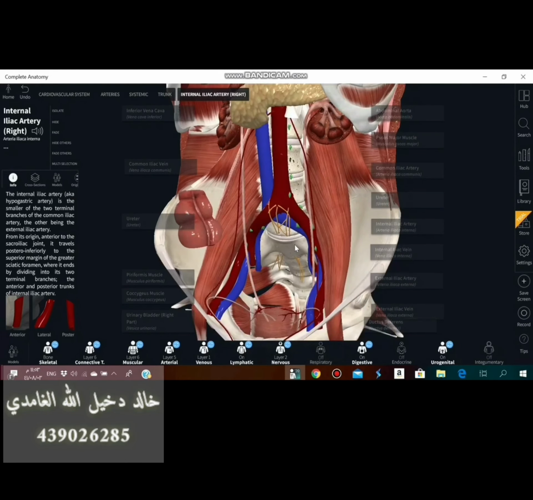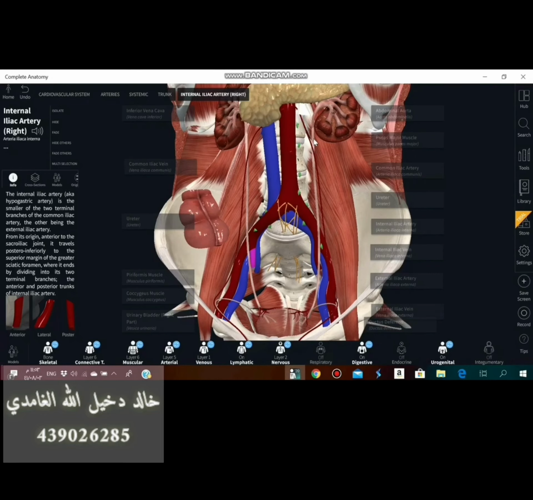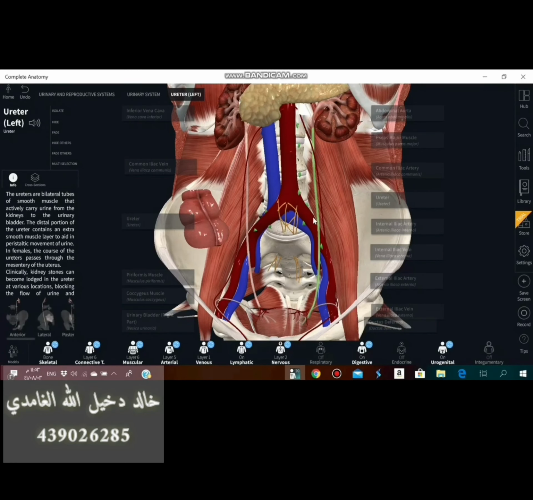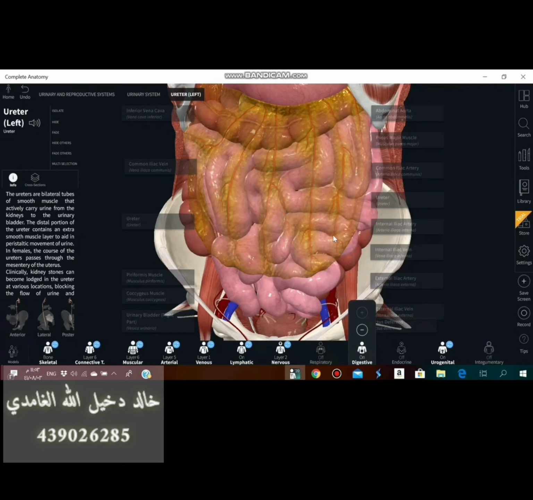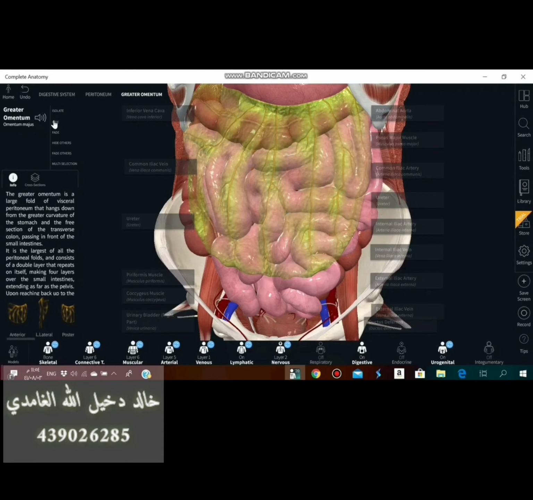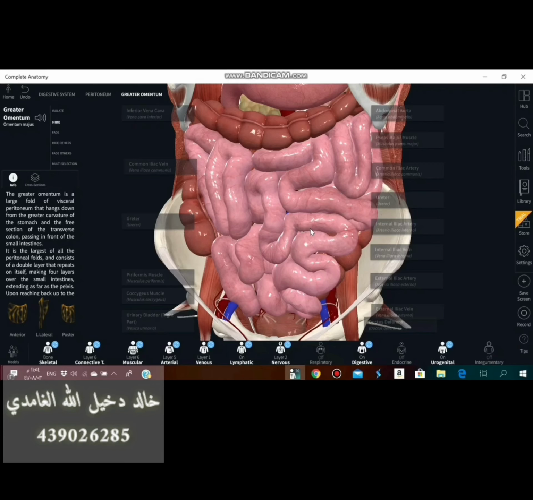Now let's go to the left ureter. For the left ureter, we have the sigmoid colon. Let's hide it.